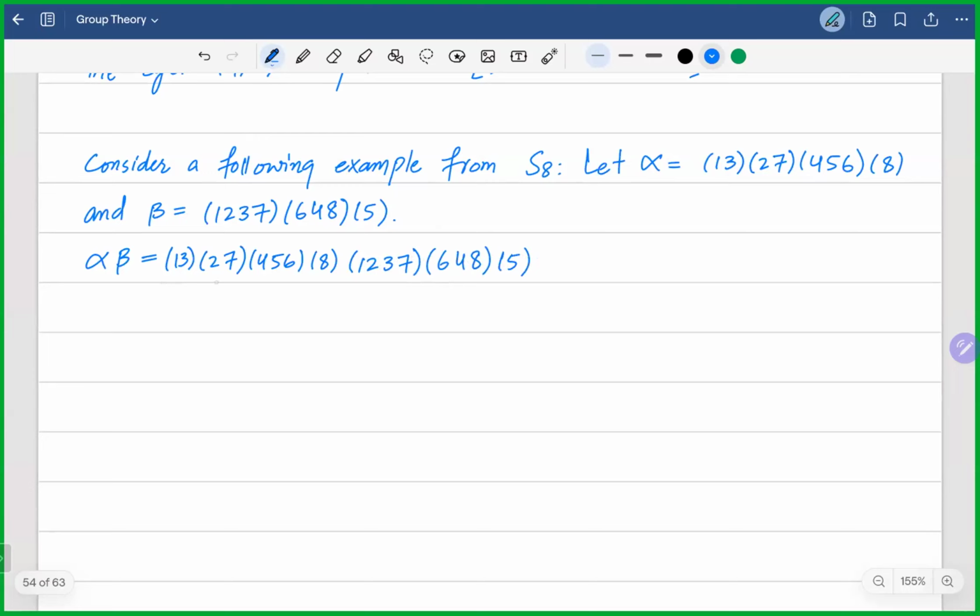You can see 1 3 2 7 are appearing in the beta form, so we want to omit them and write only single digits, keeping in mind that the function composition is done from right to left, and each cycle that does not contain a symbol fixes the symbol.